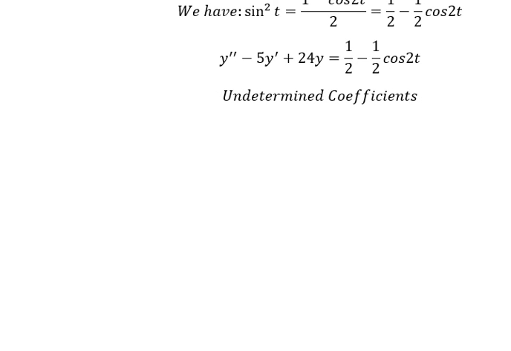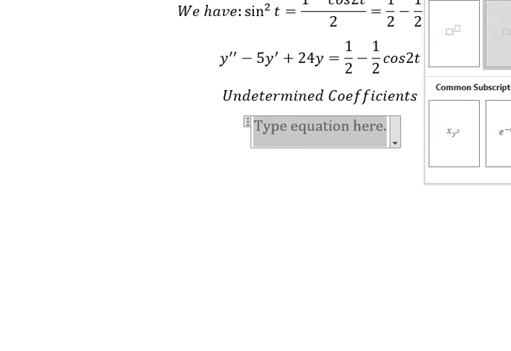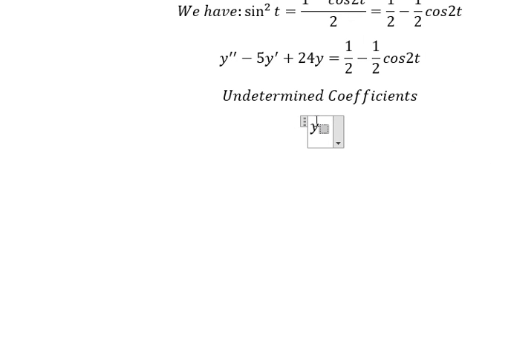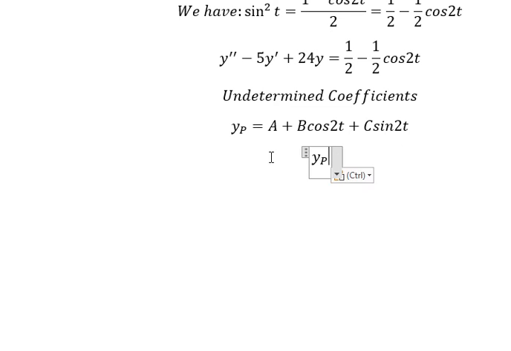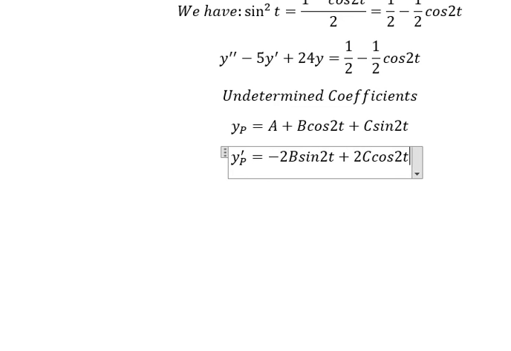So I will put yb equals a plus b cosine 2t plus c sine 2t. Next, if we do the first derivative of this one, we have negative 2b sine 2t plus 2c cosine 2t.